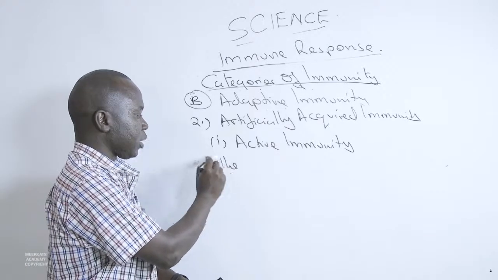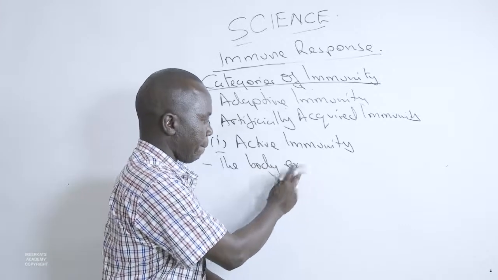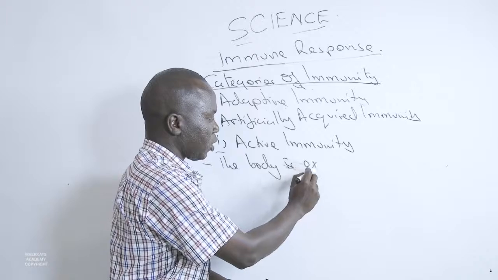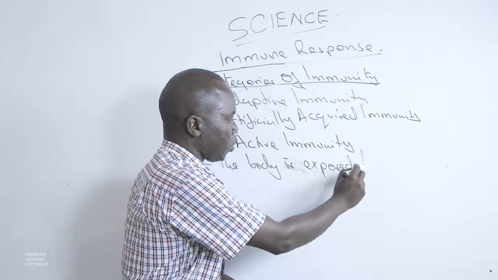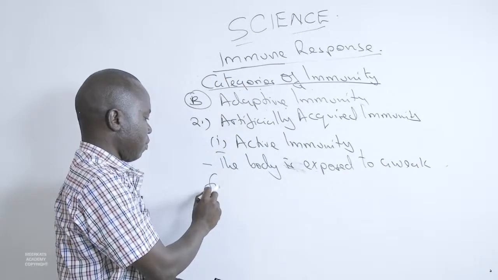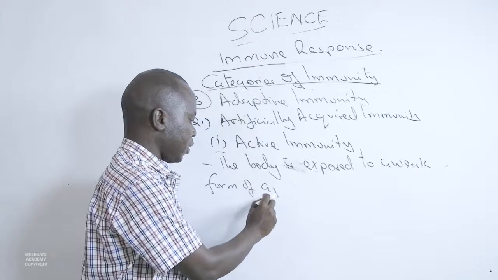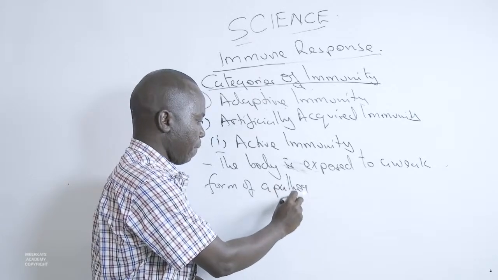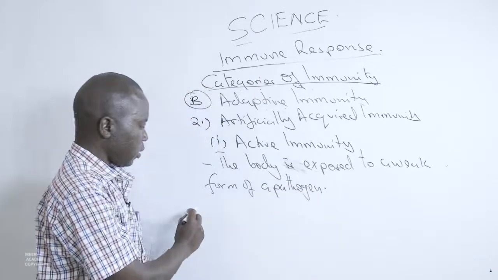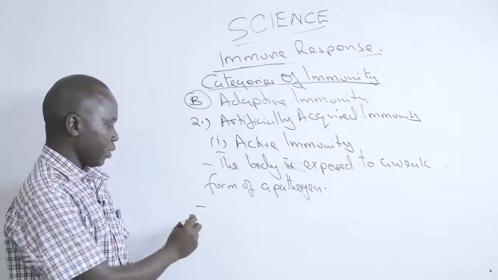So the body is exposed to a weak form of a pathogen. The effect is the body produces its own antibodies against the pathogen.